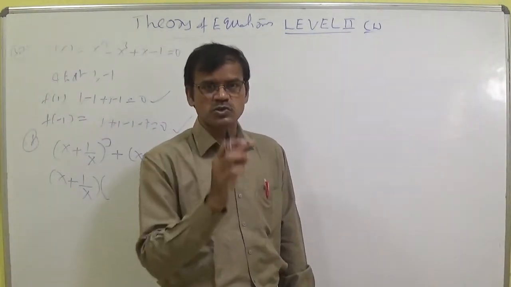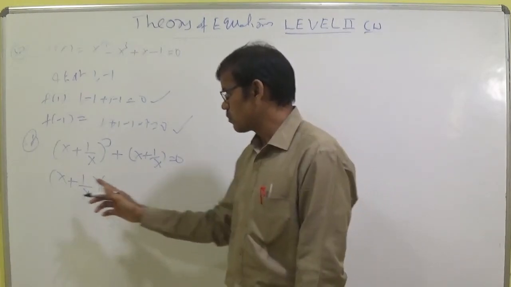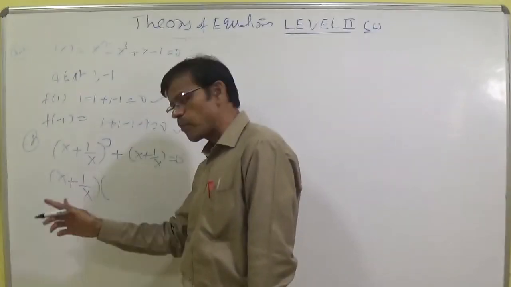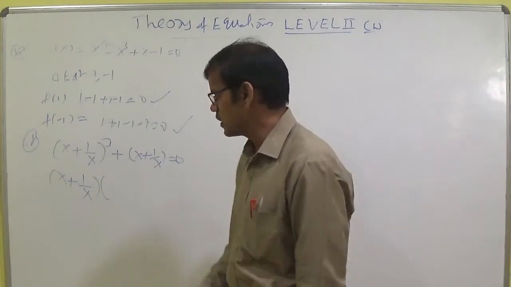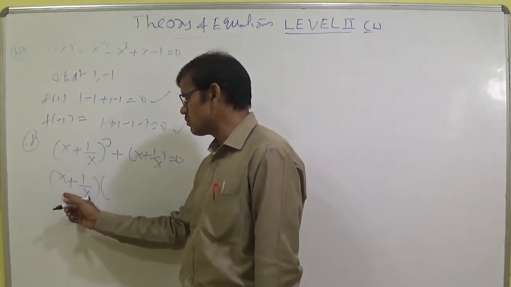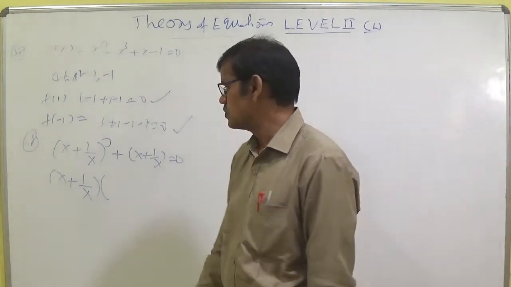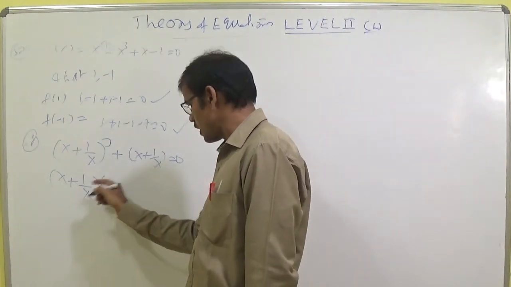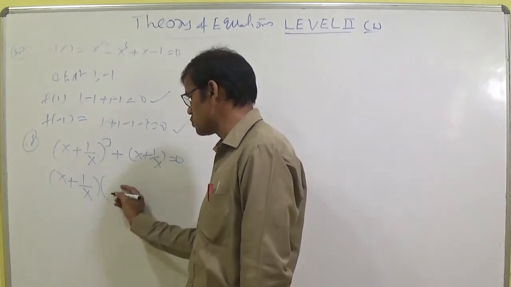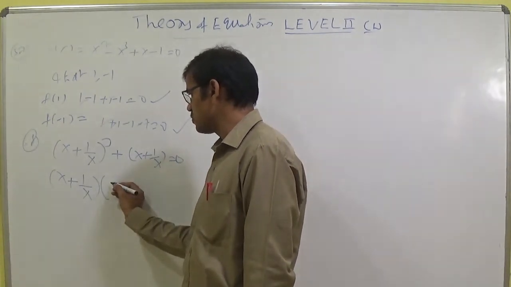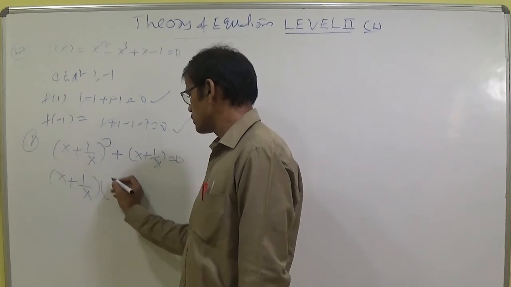By using the arithmetic mean greater than or equal to geometric mean, the minimum value of x plus 1 by x is 2 here. It is not possible to get any root.